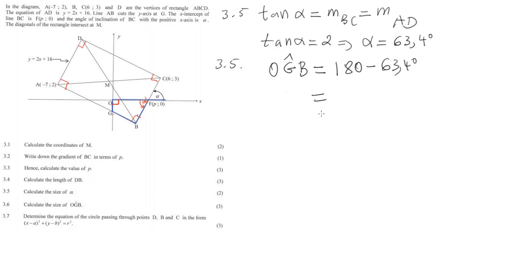Let me shift the calculator, shift tangent. So 180 minus 63,4 will give you 116,6 degrees.